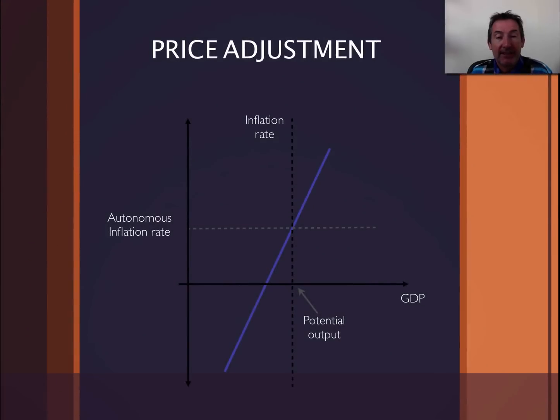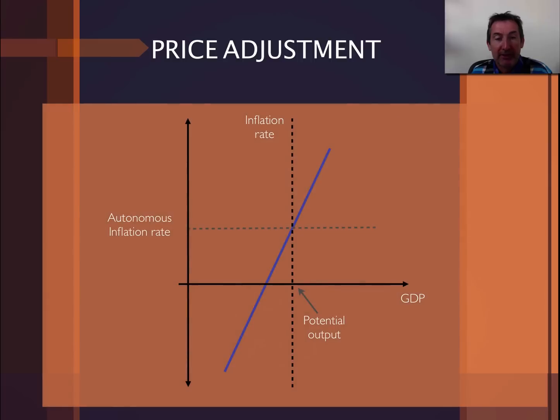So this is the picture for price adjustment. It shows us that in the long run, we expect the economy to be at the level of potential output, and we expect inflation to be at its autonomous level. That autonomous level of inflation is the long-run anchor, pinned down primarily by the actions of the central bank.